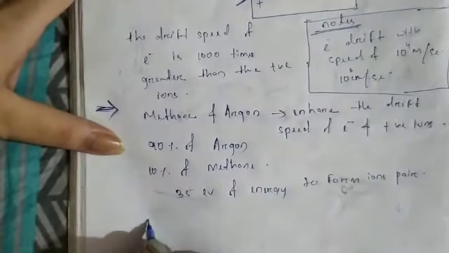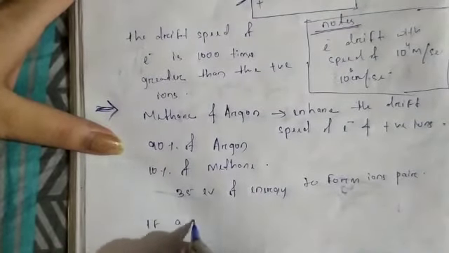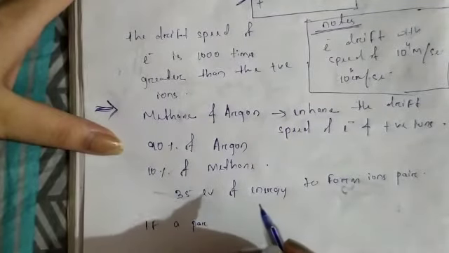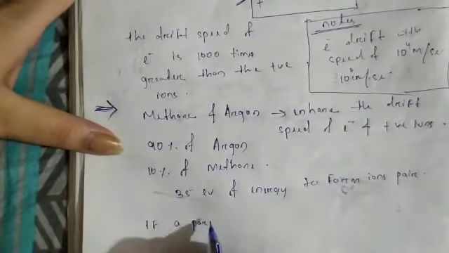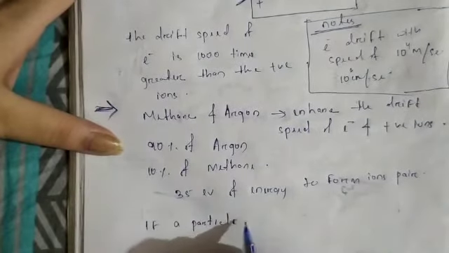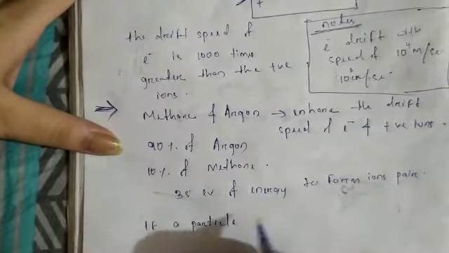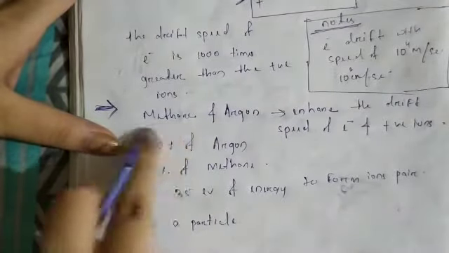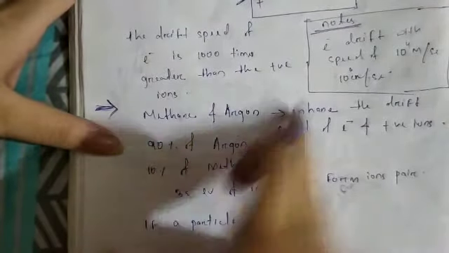Particle means either a negatively charged electron or a positively charged ion, either a methane gas atom or an argon gas atom.